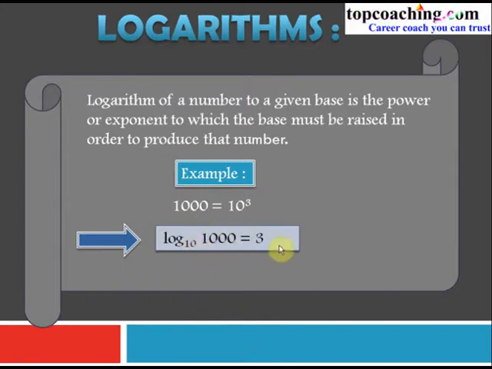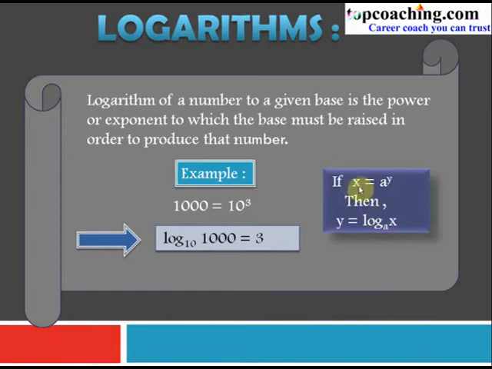So 10 should be raised to the exponent 3 so that we get 1000. In general, if x is equal to a to the power of y, then y would be equal to log of x to the base a. This is how we convert an exponential equation to a logarithmic one.